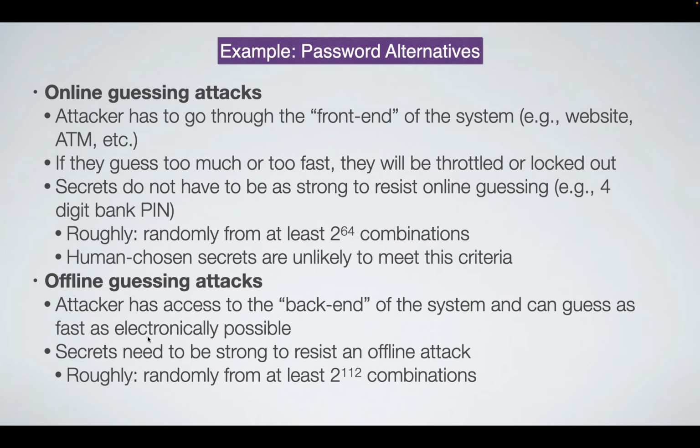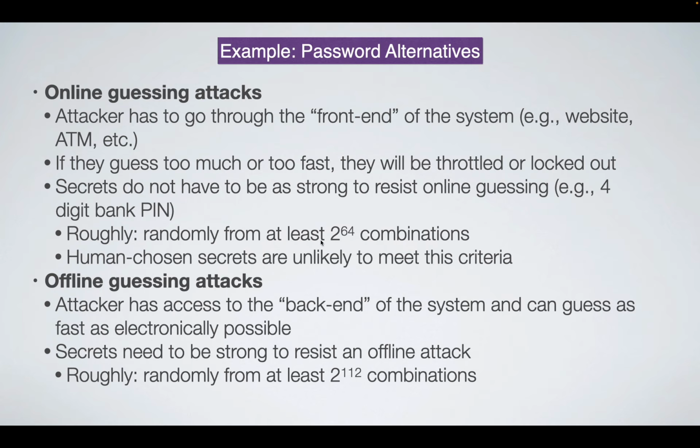Now we need a lot more randomness in the password because we can guess a lot faster. Things like biometrics probably don't have enough randomness to resist an offline guessing attack, but something like a cryptographic key that's 256 bits of pure randomness is still resilient to an offline guessing attack.